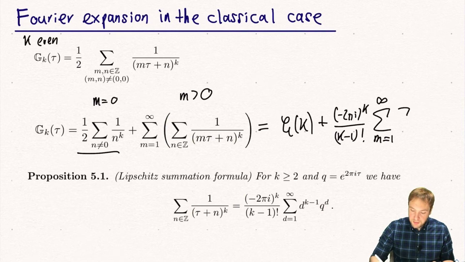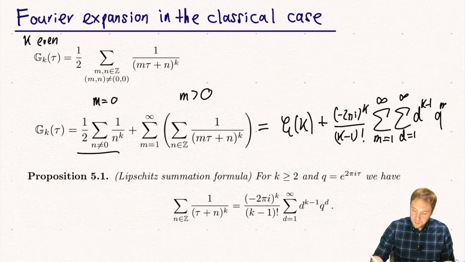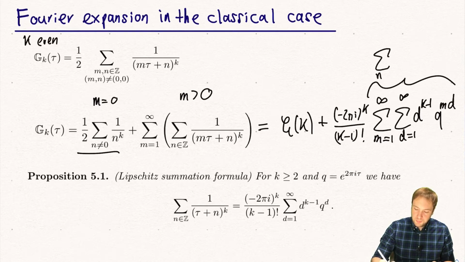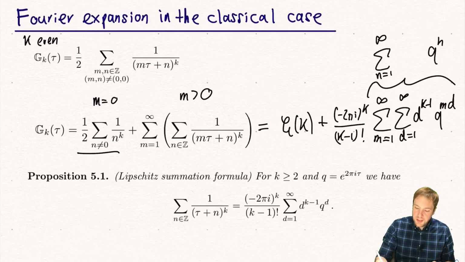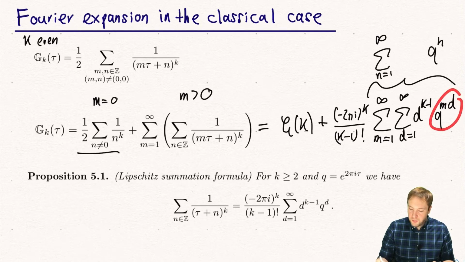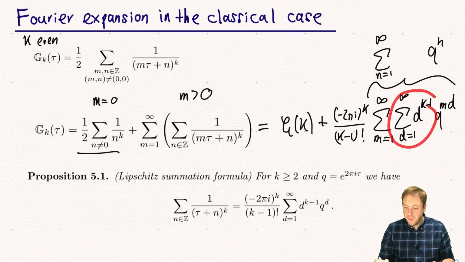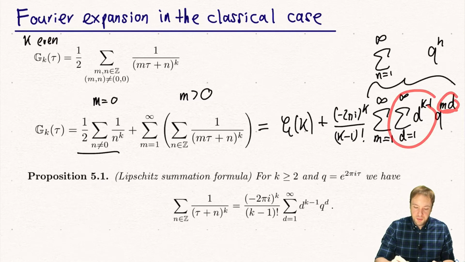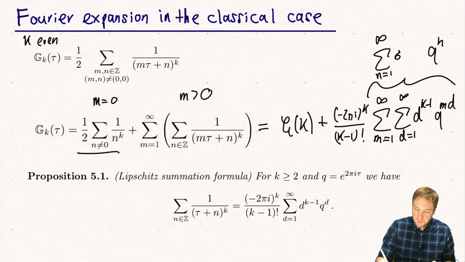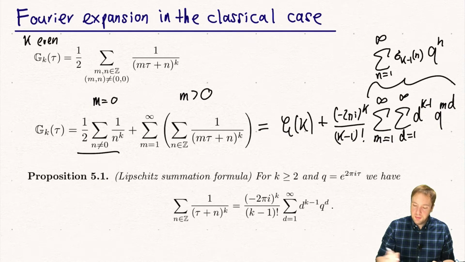So here we have the inner sum, d goes from 1 to infinity, d to the k minus 1, but here it's q to the m times d. And here you see this is exactly the sum we had before, because now what is the coefficient of q to the n? The coefficient of q to the n is exactly the sum of all divisors of this n. So here we have exactly sigma_{k-1}(n).